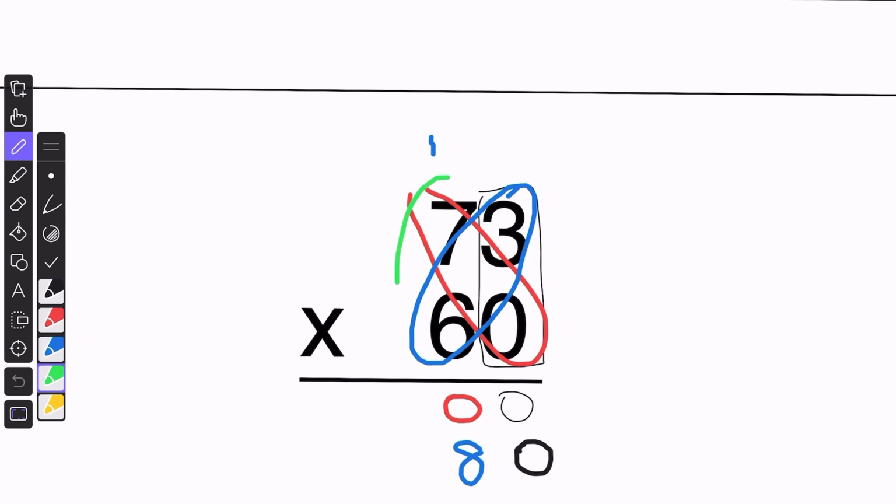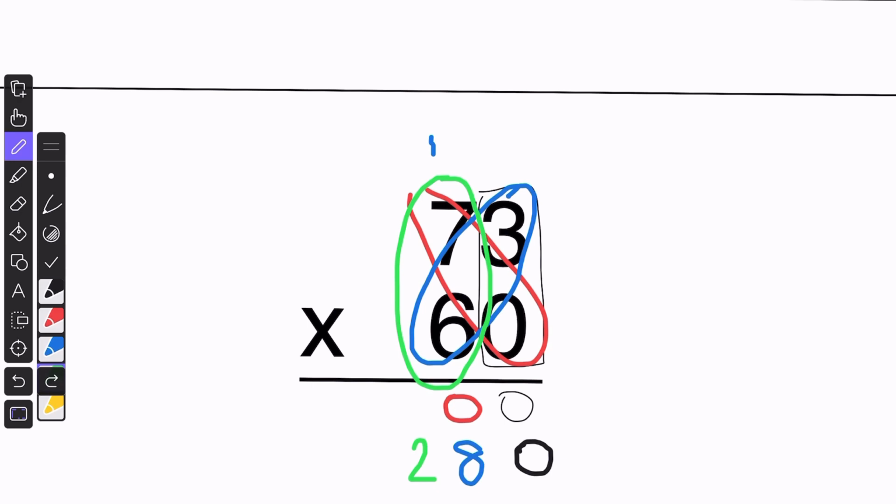Step 4, this part. 7 times 6 is 42. Take the 2 down here, cross out this part, put a 4. Oops, did I do something wrong? Yes, I did. So you have the 18, right?